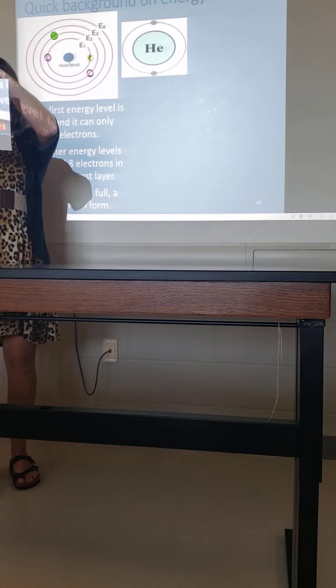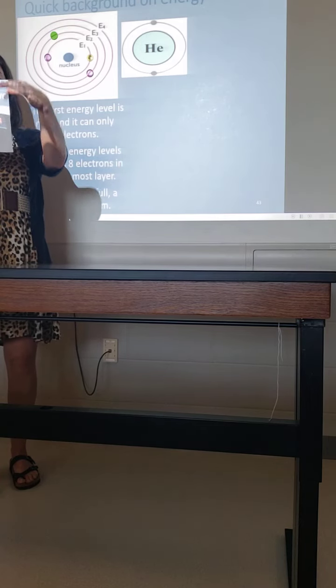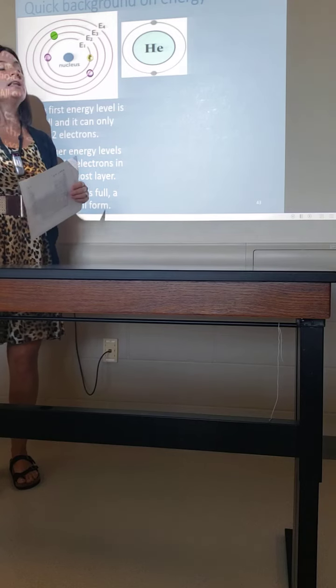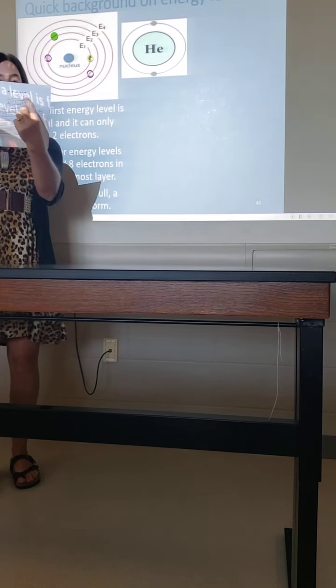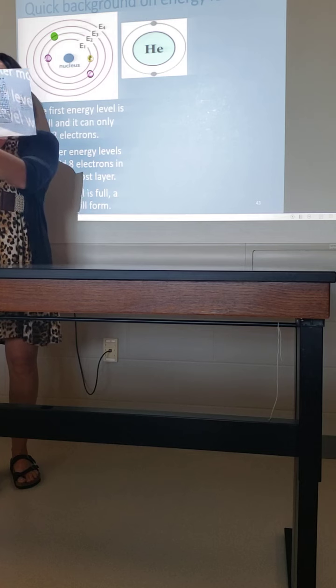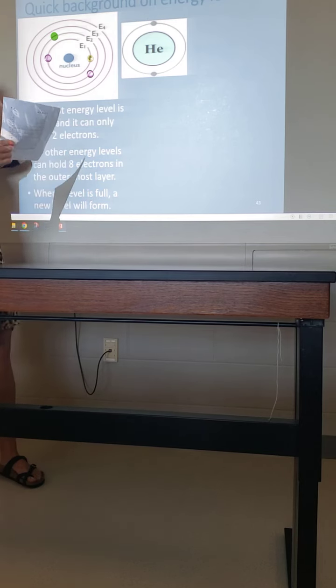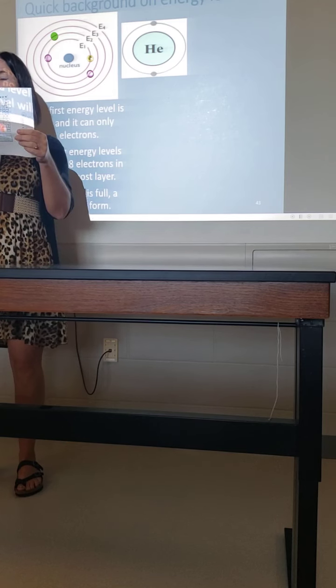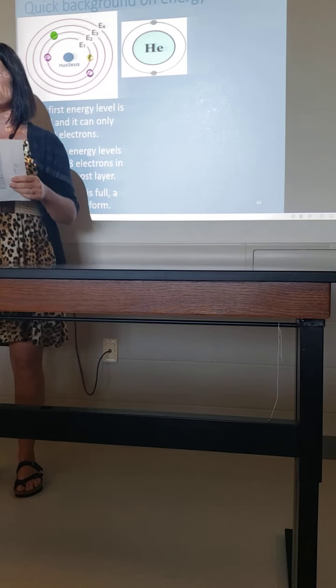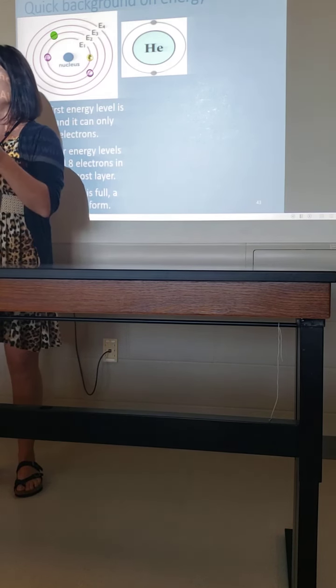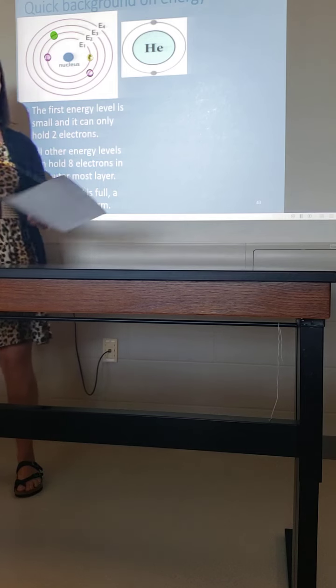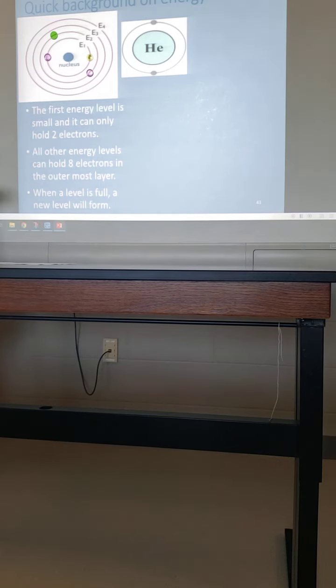Boron would have 3, carbon 4, nitrogen 5, oxygen 6, fluorine 7, and then you would get to neon, and neon would have 8. Once you get to neon, it is full. You have to drop back down all the way to the left, to the next row, or that next period, to sodium. Sodium would start back over at 1, and then 2, and then 3. And so you just keep filling those levels.